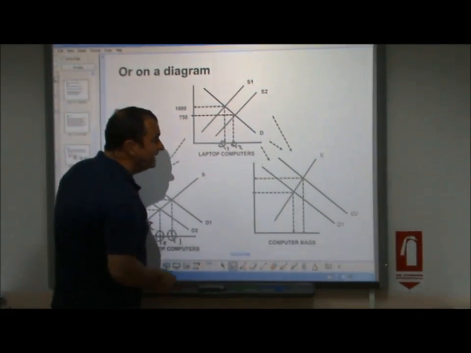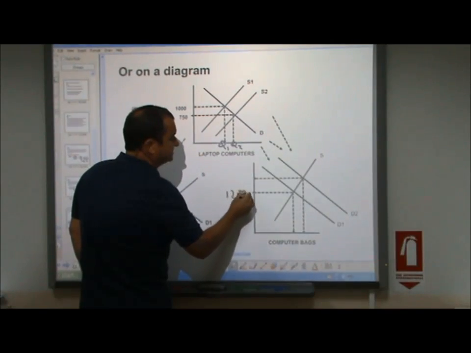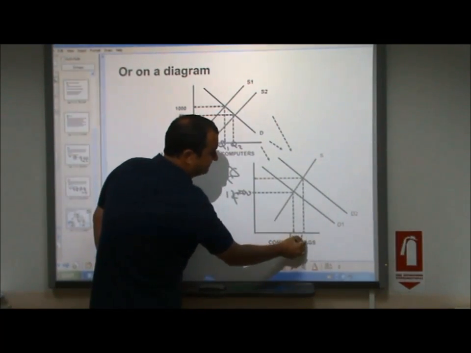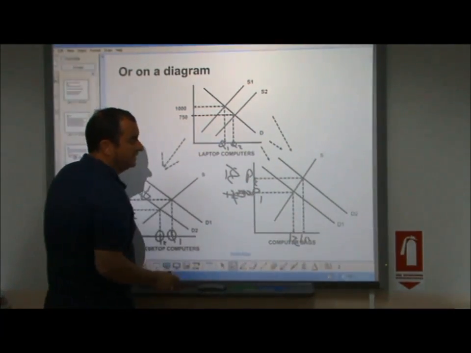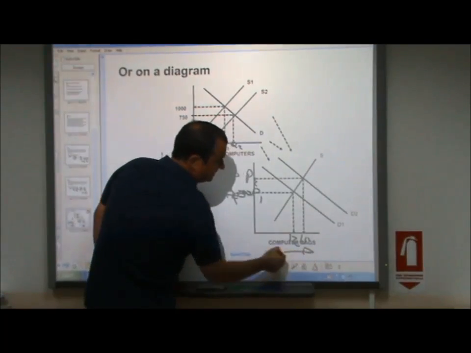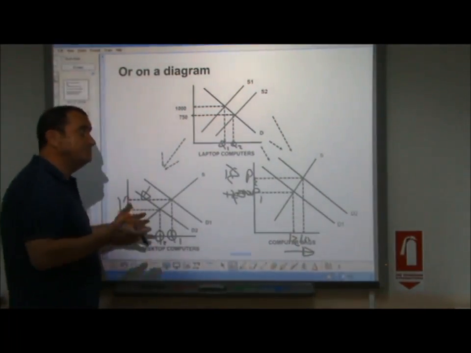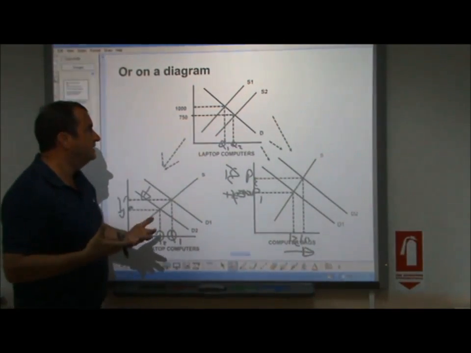Meanwhile, in the computer bag market, there was a sharp increase from 12,000 to 15,000. We don't know what happened to the price. It probably rose, but there was a rise in the demand of 3,000 bags, and it's another way of showing it. We had it with numbers, but you may need to show this happening in diagrams.